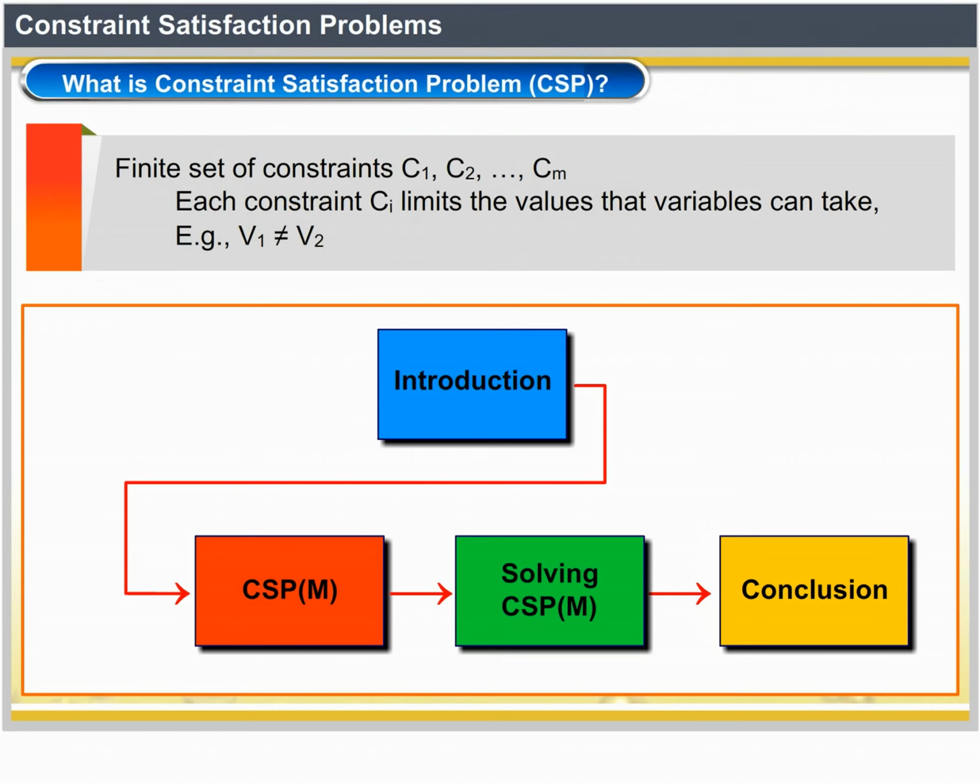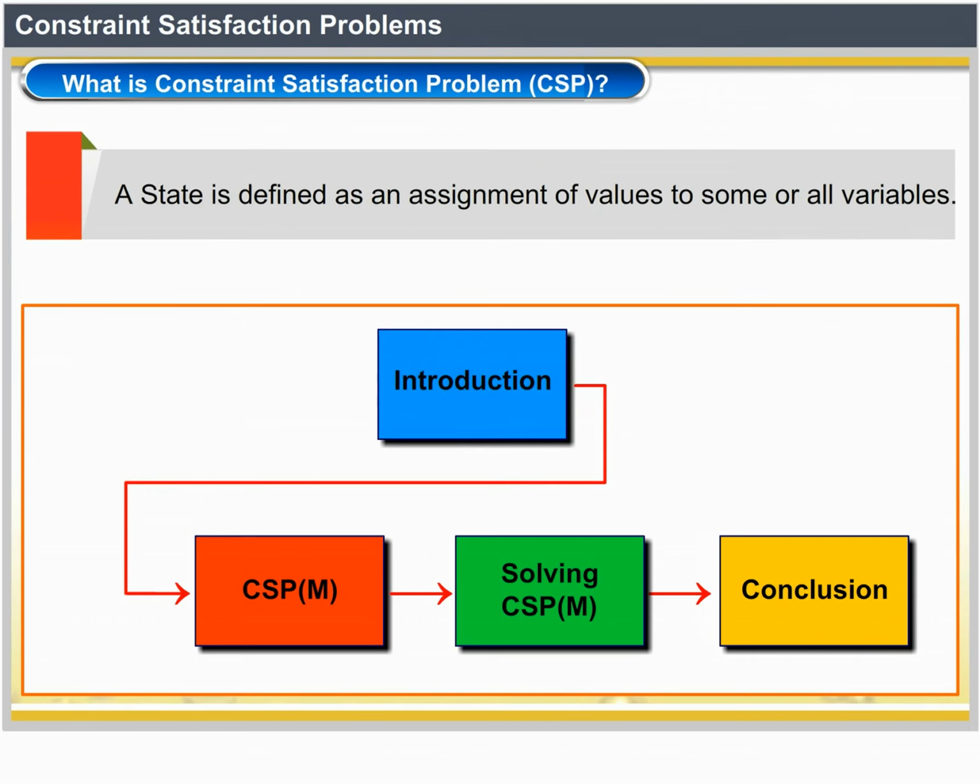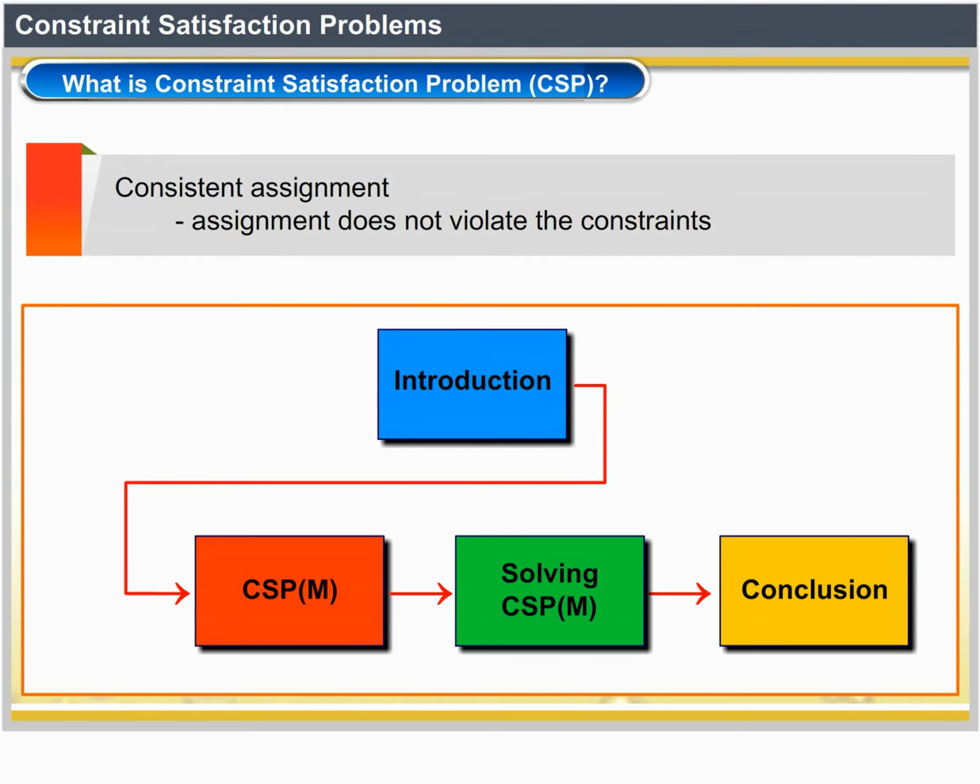Each constraint ci limits the values that variables can take. Example: v1 is not equal to v2. A state is defined as an assignment of values to some or all variables. A consistent assignment is one that does not violate the constraints.